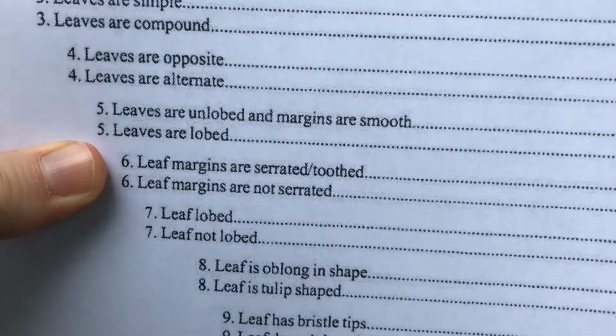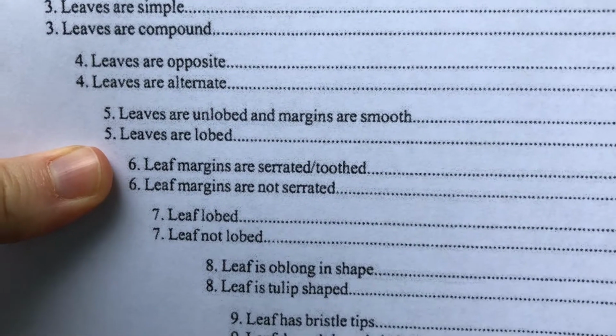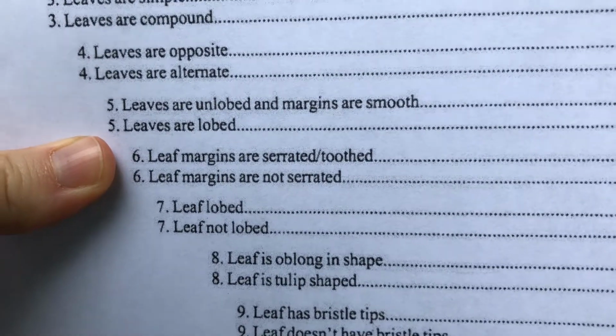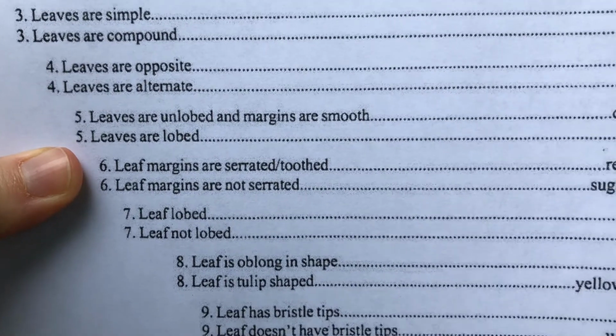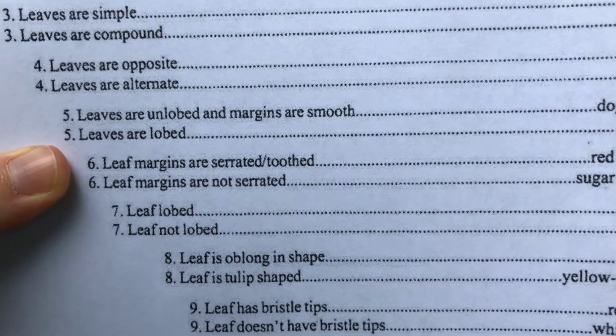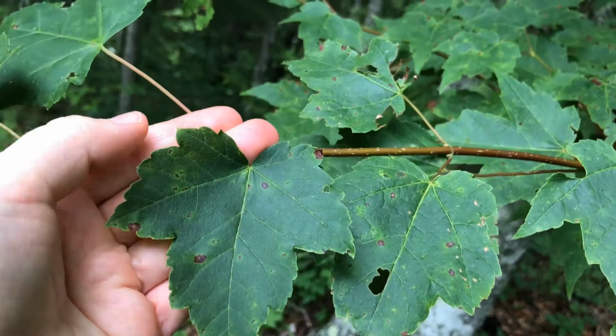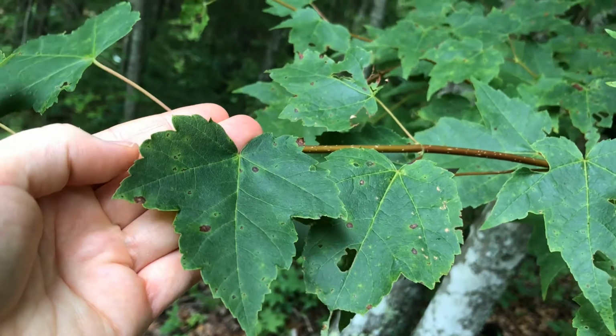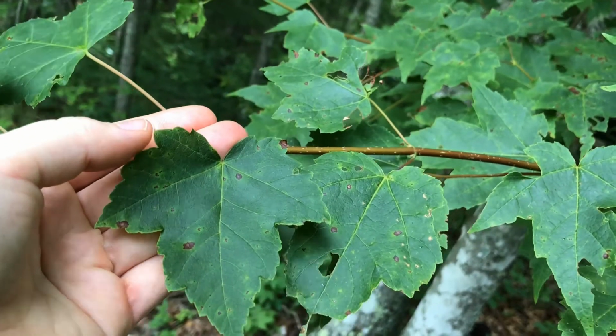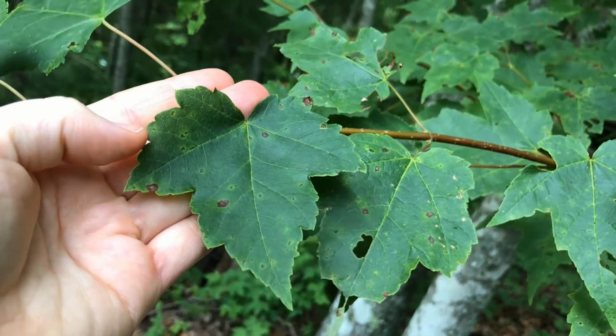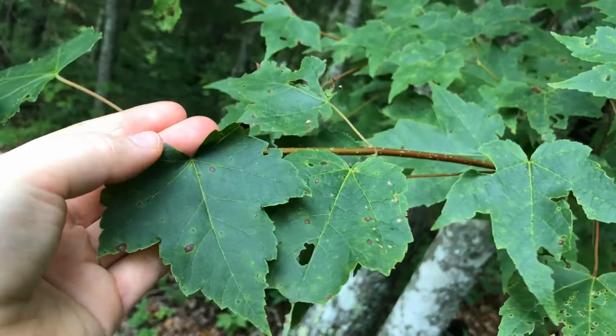So we go on down to number 6. It says, are the leaf margins serrated or toothed? Or are the leaf margins not serrated? So let's look at our leaf again. Now, serrated means jagged edges. And this leaf definitely has jagged edges, right? It's not completely smooth.